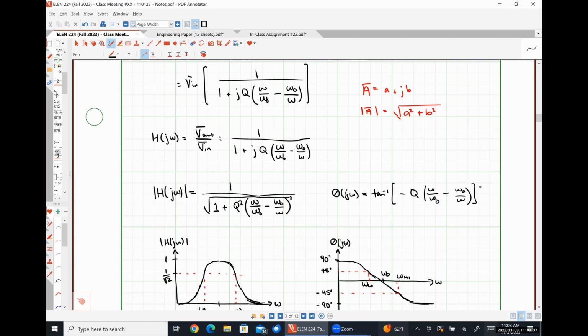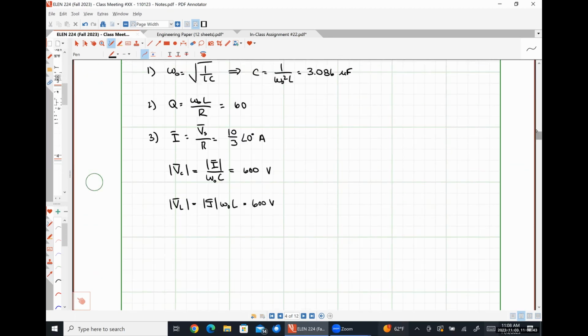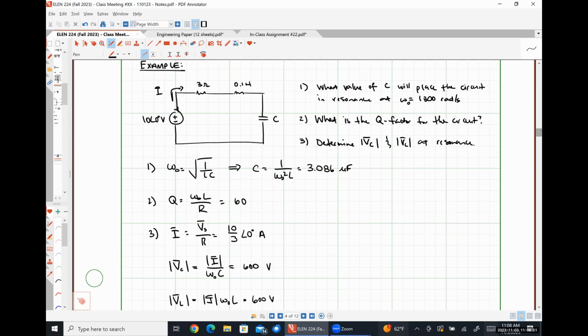All right. So when we finished our last lecture, we had just worked this example problem, and we found that the voltage drop across our capacitor and the voltage drop across our inductor both had a magnitude of 600 volts at resonance, and we talked about why this might be a problem.